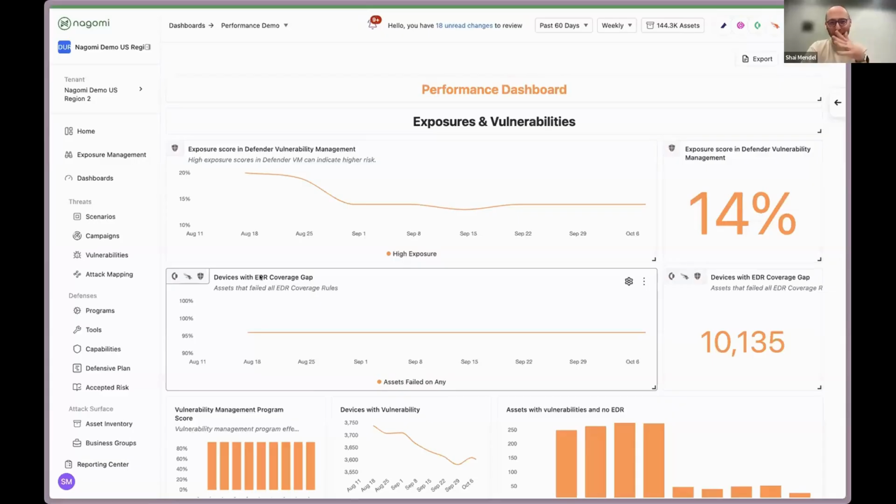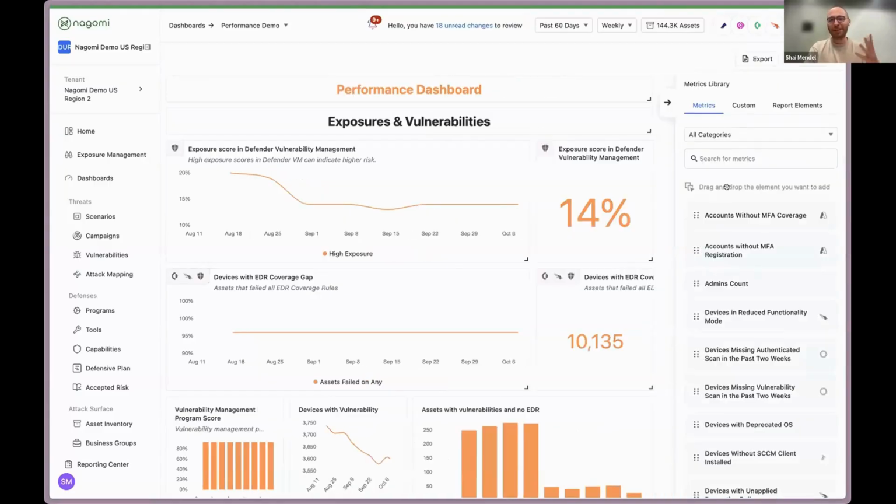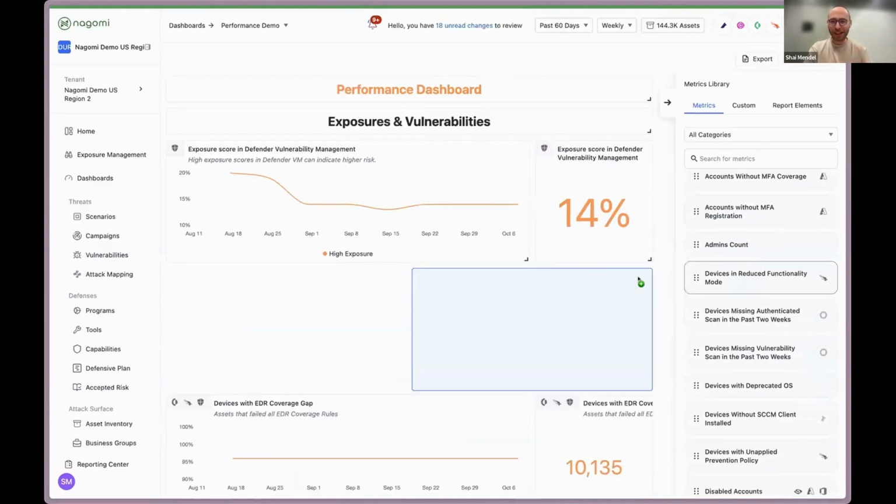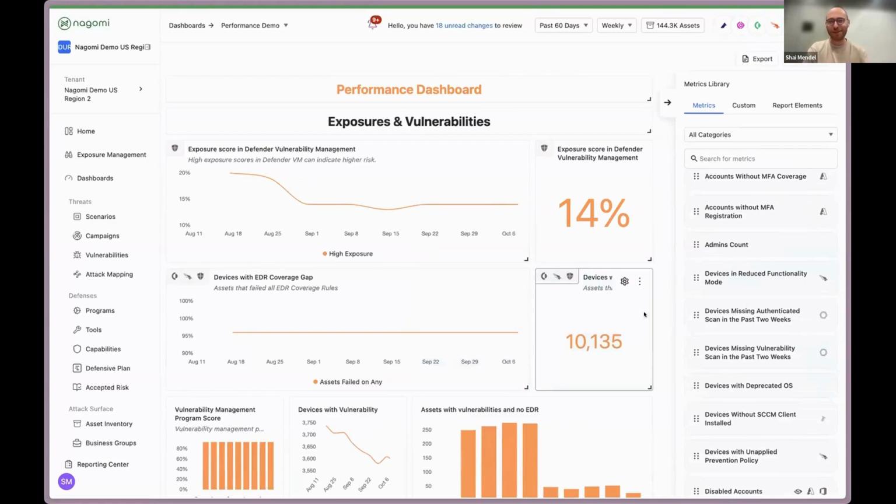Sure. One of the things we didn't focus on is our dynamic dashboarding capability. This was created exactly for that use case. It's not only tracking tactical solutions, but also measuring at a high level the performance of your security operations. The uniqueness of this dashboard is that, obviously, it has all the classical drag and drop capabilities, changing colors, selecting different business groups on each metric, exporting and much more.